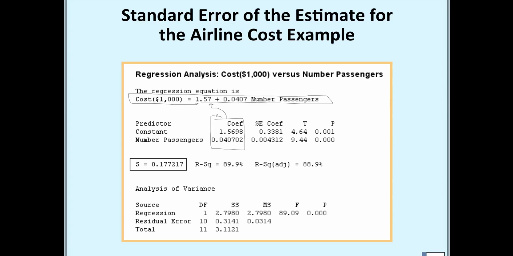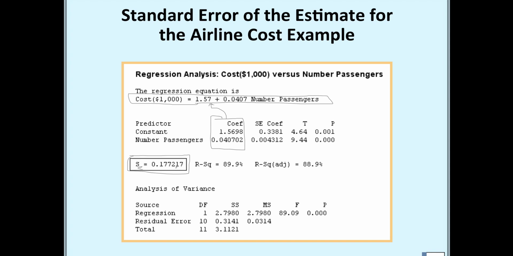I taught you that a couple of slides ago in the previous video. Back then I told you we don't care about the rest. So let me explain one more outcome in this slide, and that is S. The S you find in Excel is actually SE. So it's 0.177. That's the same value you found earlier.